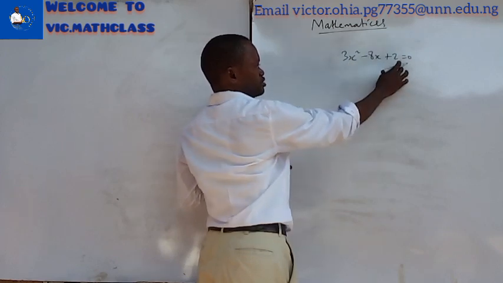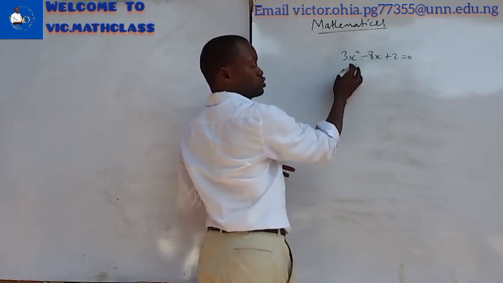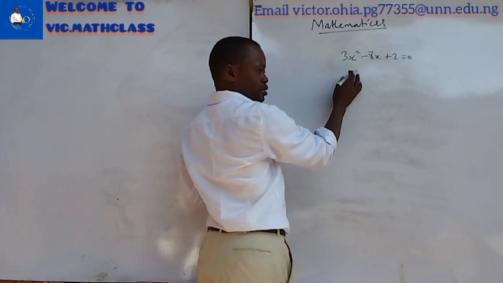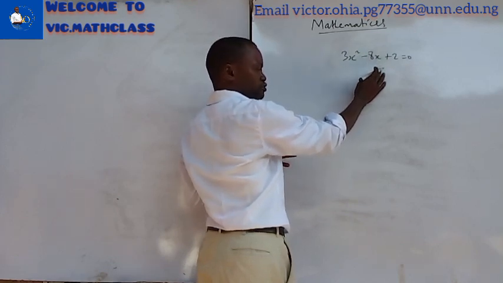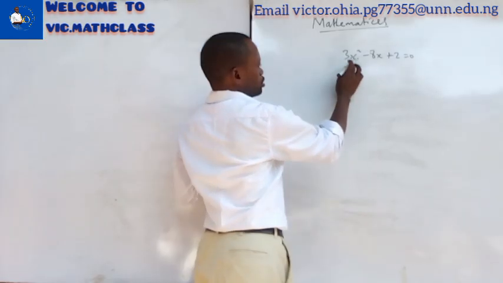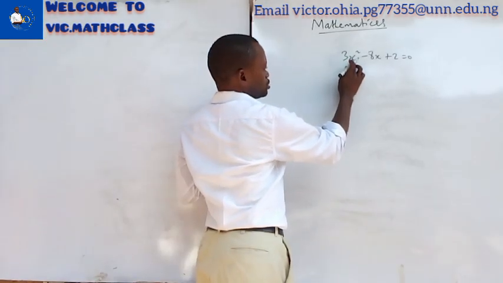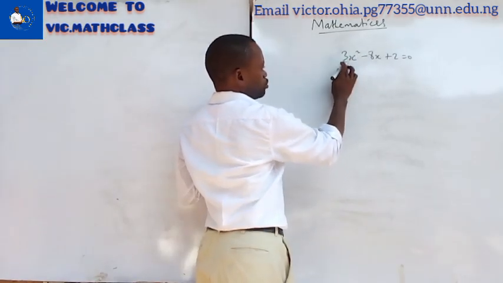Number 1, divide this expression by the coefficient of the second degree term. Let me repeat it again. Divide this expression by the coefficient of the second degree term. The power is 2. The coefficient is 3.